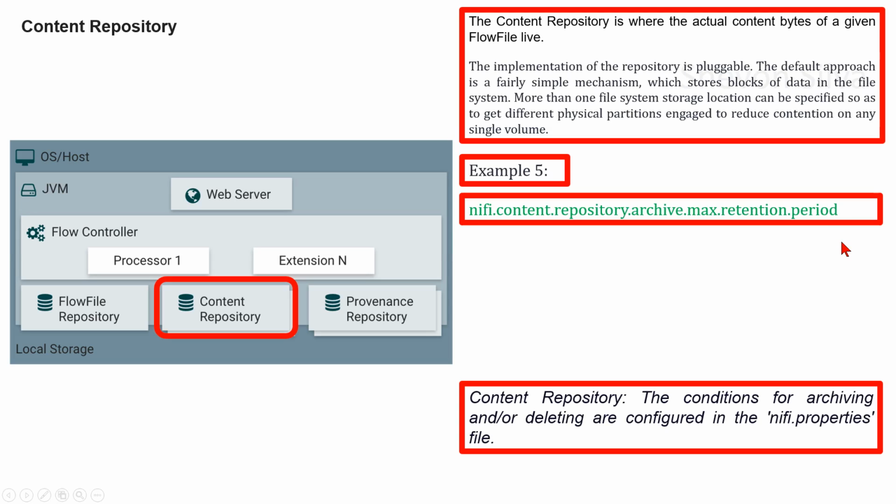The core design decision influencing the content repo is to hold the flow file content on disk and only read it into JVM memory when it is needed. This allows NiFi to handle tiny and massive sized objects without requiring producer consumer processes to hold the full object in memory.